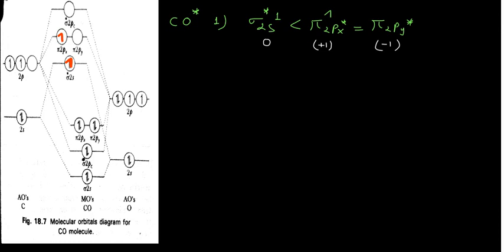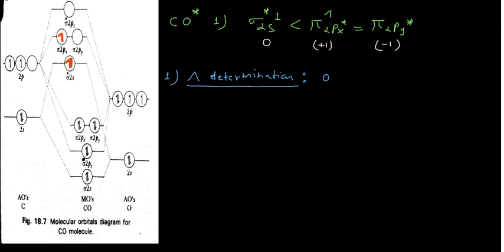Now I am determining the term symbol for this excited state. So number one, determination of this quantum number, that means lambda determination. This I have already told you, this is the net orbital angular momentum. The sigma antibonding is having one electron and the value for this is 0, so you will write 0 for this one.